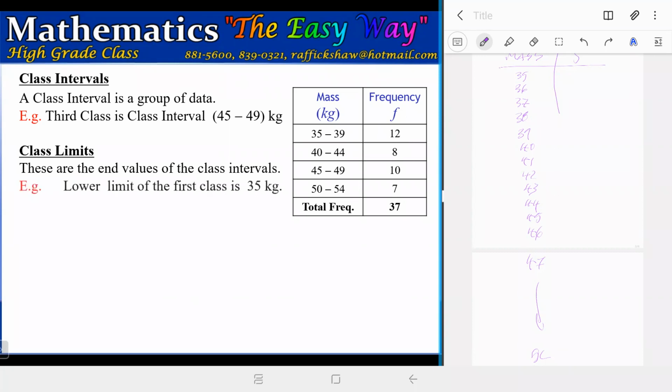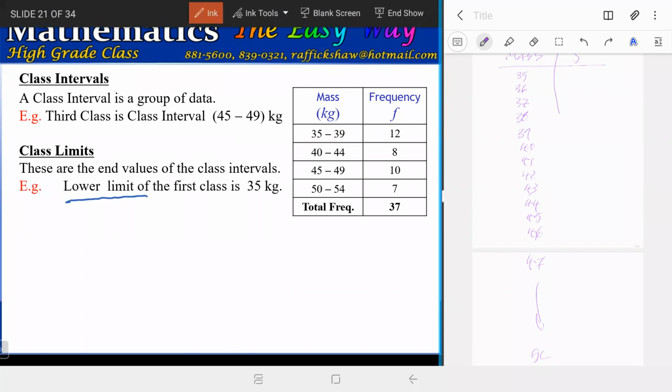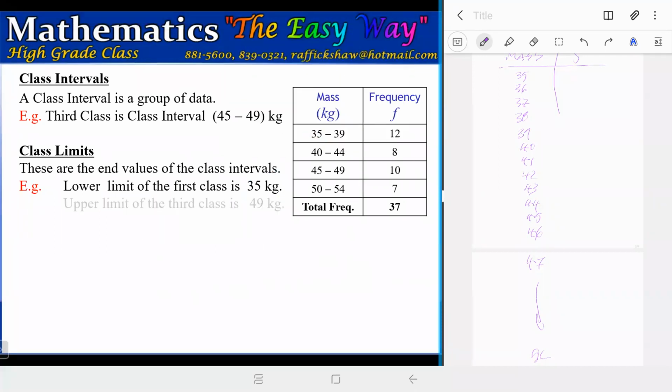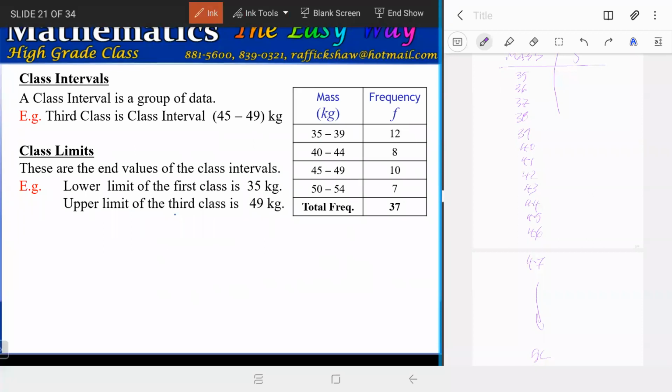The lower limit of the first class is 35 kilograms. See here? The lower limit is this one, the one on the left, 35. That's the lower value as it appears in the table. The upper limit of the third class, this is the third class, is 49 kilograms.